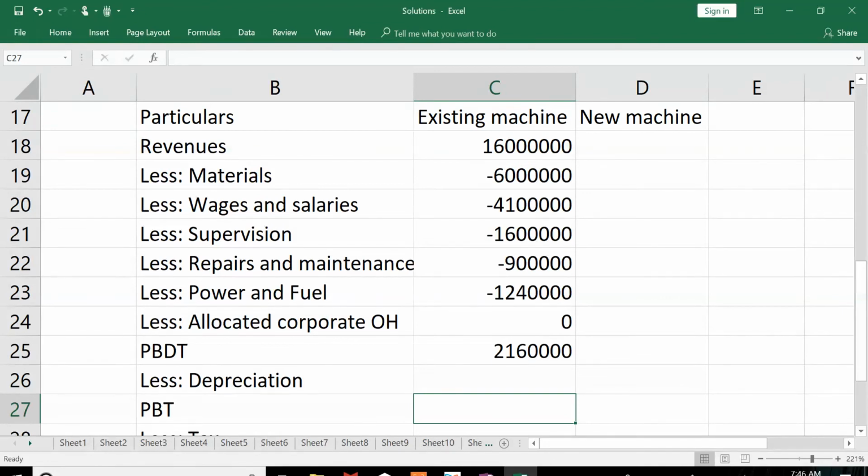PBDT will be 21,60,000. Allocated corporate overheads is not to be considered in our analysis because it is an irrelevant item. This is not specific to the project, it is specific to the corporate.